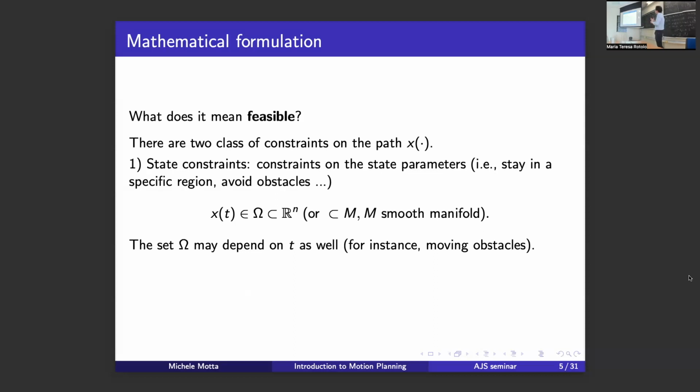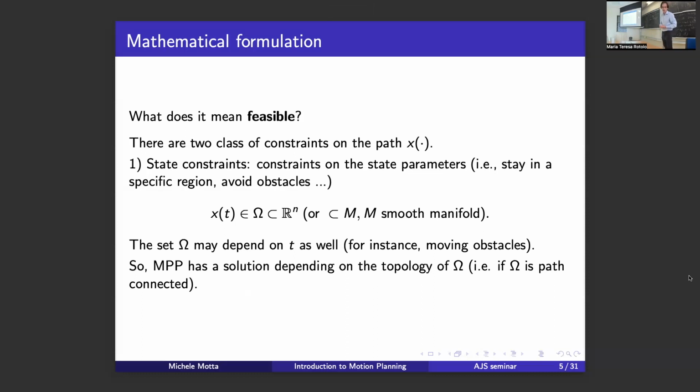This is the first class of constraints on the motion. Solving this first step means that we want to determine whether the state space is path connected or not.